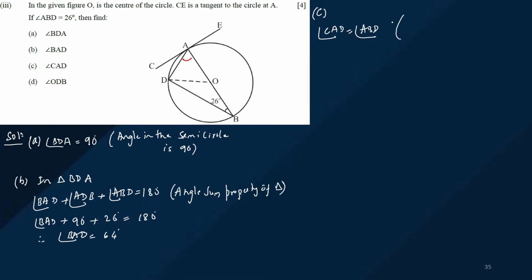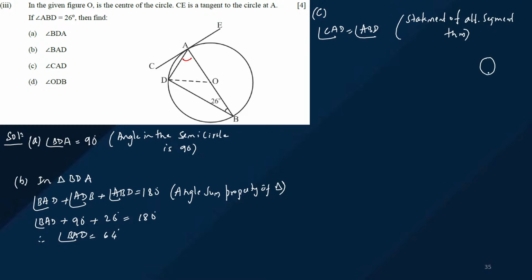Why? You have to write the statement of the alternate segment theorem. What is the alternate segment theorem?